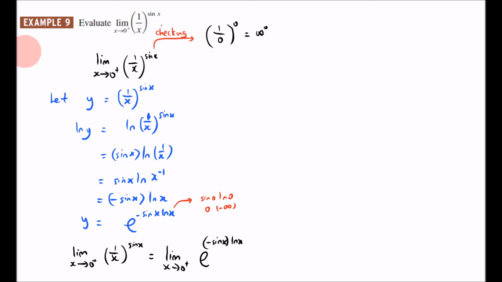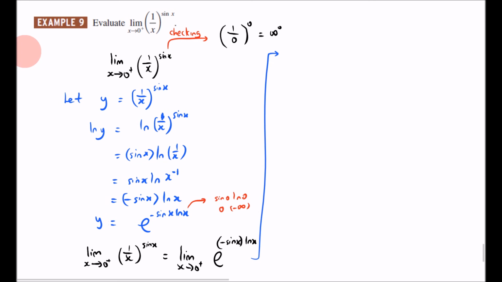After this step, when we do a checking already, we have to use algebraic manipulation to convert to f(x) over g(x). But before that we can say this equals e to the limit as x approaches 0 plus of minus sine x ln x, which is 0 times infinity.